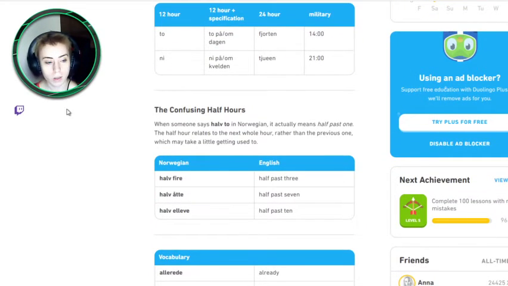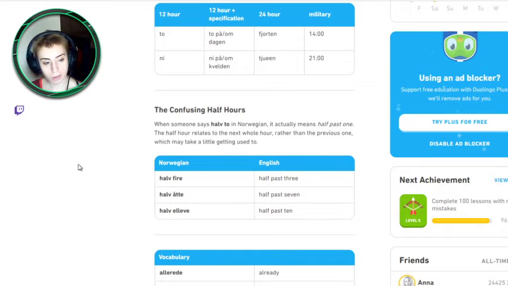Now one confusing thing about half hours is in the US we'll say it's 2:30. Well, in Norway, if someone says half 2, it means it's 1:30. So it's half, 30 minutes until 2 o'clock. So we refer to the last hour.